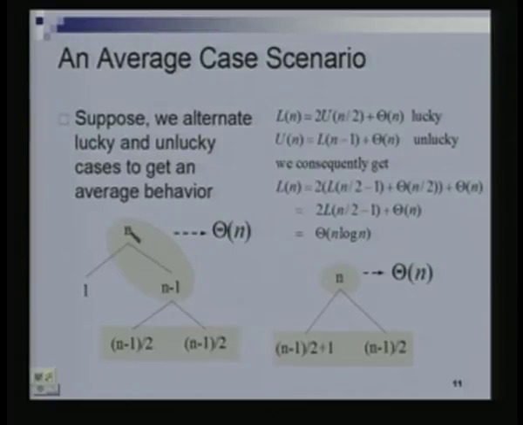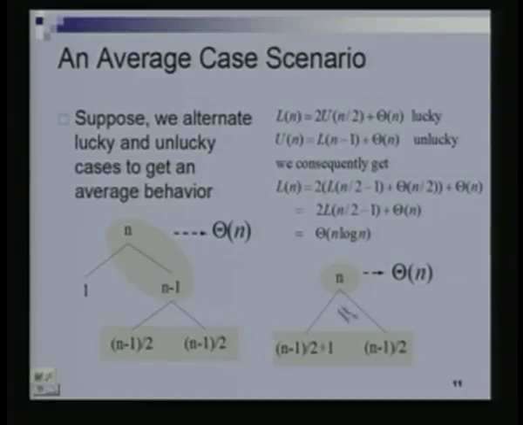How many operations did I take here to split? n. And how many operations did I take here to split? n minus 1, right? So in total I took 2n minus 1 operations here, and after 2n minus 1 operations or comparisons, I managed to split it into n minus 1 by 2, n minus 1 by 2 and 1. So now I can again bring the same tree, and I'll get a recurrence like this.